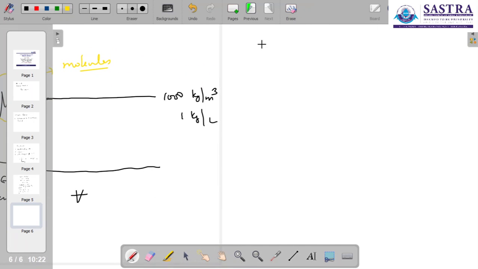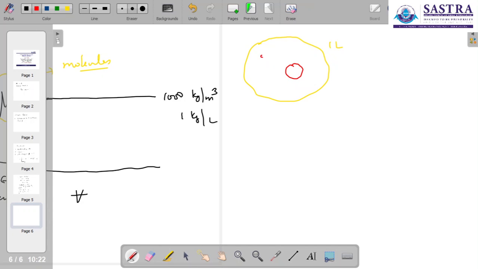Suppose I take this as my, let's say, 1 liter volume representation, not to scale but a schematic representation of 1 liter. Now I'm saying that this is probably much smaller, of around 200 ml or something.